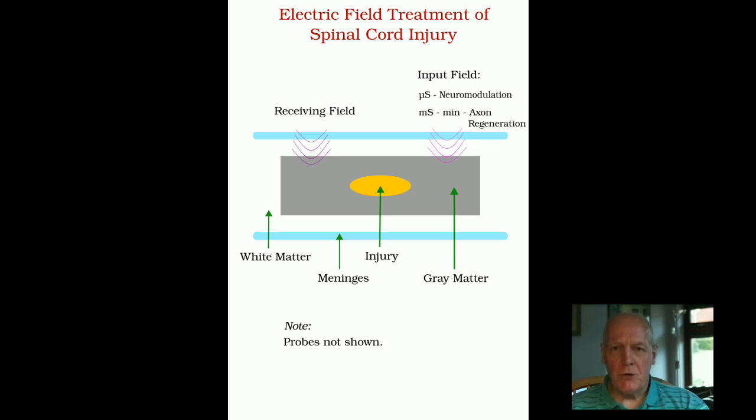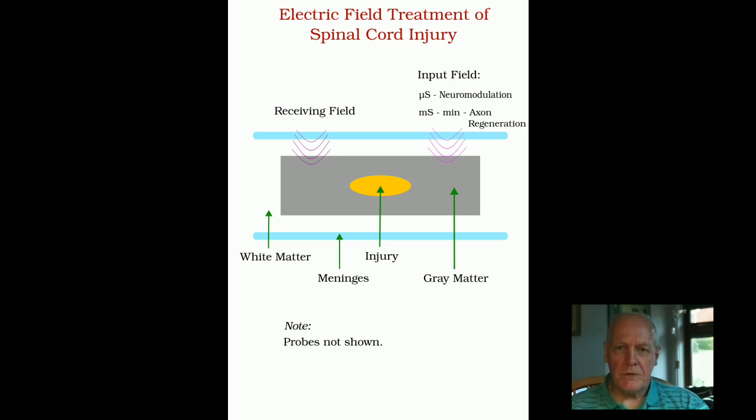Now, it has been known for quite a long time that electric fields can improve certain outcomes in a spinal cord injury. Two types of electric fields have been investigated, or rather two different types of pulse mechanisms. The first type of pulse that was investigated was short microsecond pulses.